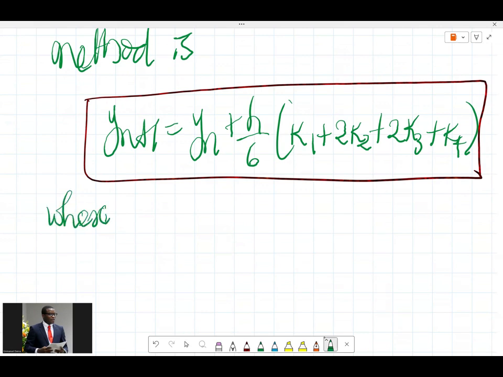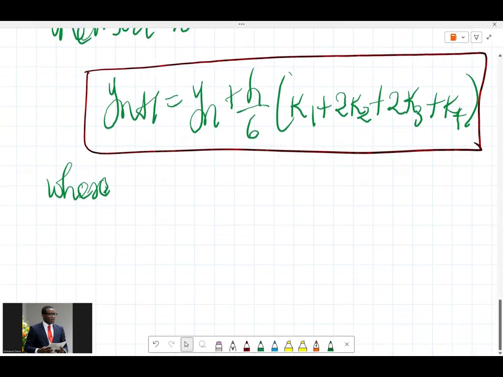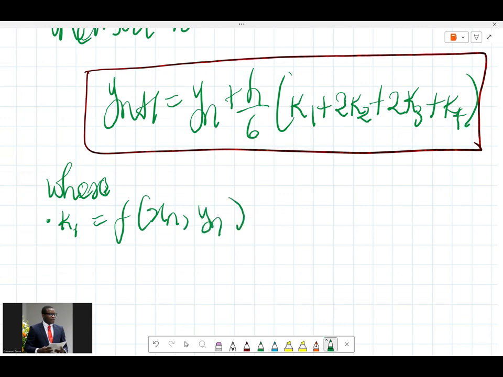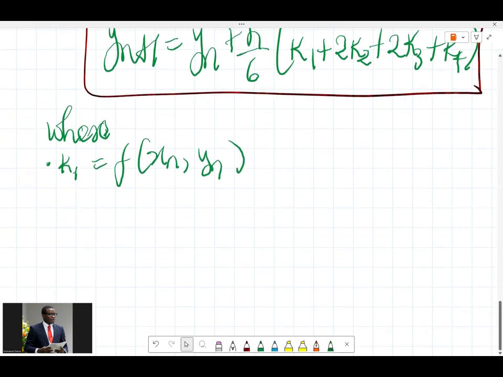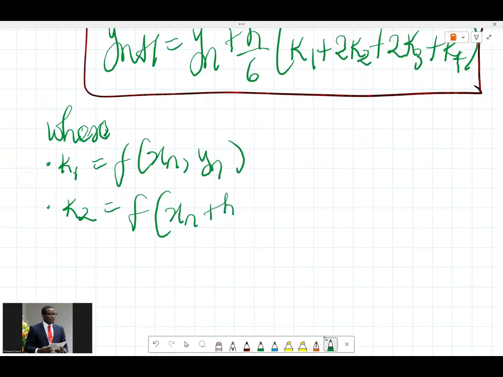Where k1, if you remove all the other k's, everything becomes like Euler. So k1 is equal to f of xn, yn, and then k2 is f of xn plus h over 2, yn plus h over 2 k1.